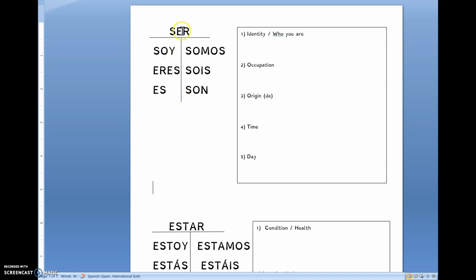So remember the forms of the verb ser: soy, eres, es, somos, sois, and son. So we've done ser and we've done estar. Hopefully you notice that they both mean to be, but they're used for different reasons. So ser is used for identity, telling who you are. Soy Maru.